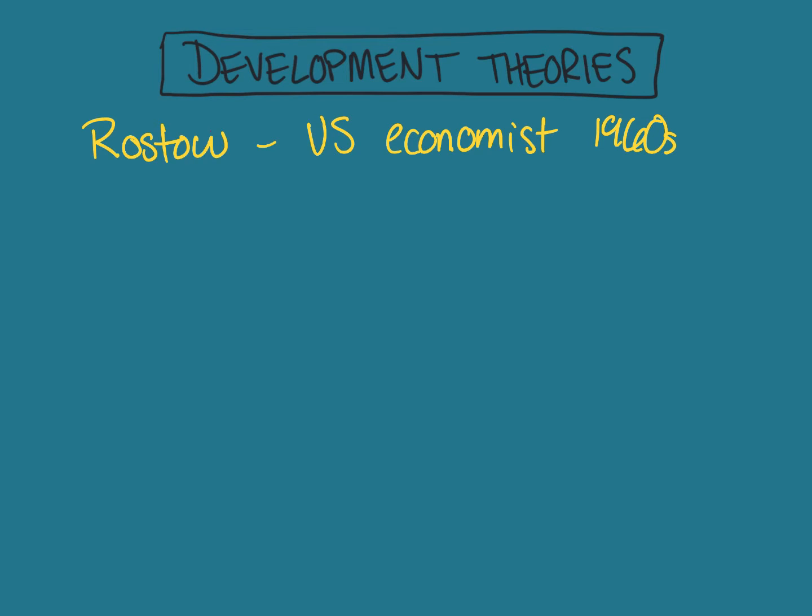The first guy that we're going to start with is Rostow. He was an economist in the 60s. What was going on in the 60s? The Cold War. Vietnam.